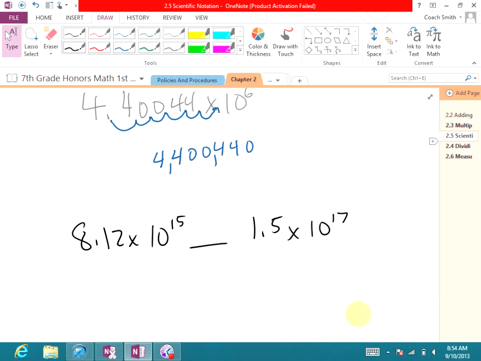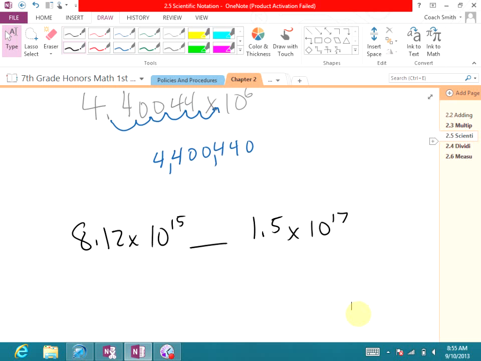Okay? Now, very simple. If I take the decimal right here in 8.12 and I move it 2 places, that leaves me with how many left out of the 15? So 13. So this one's going to have 812 with 13 zeros after it.